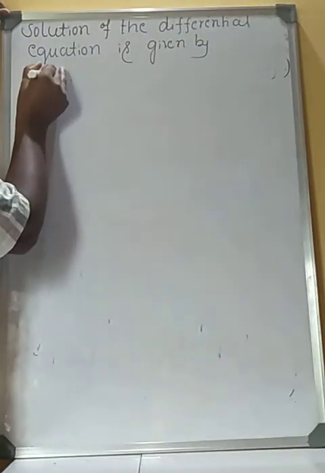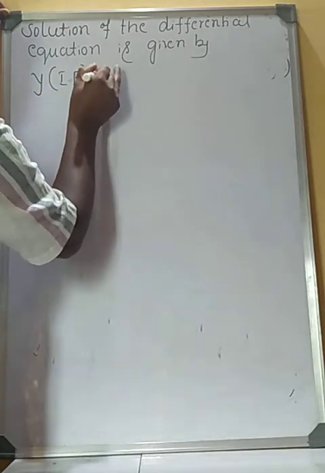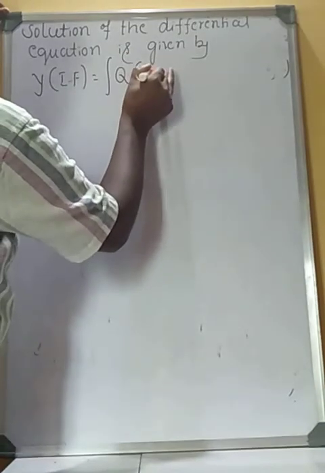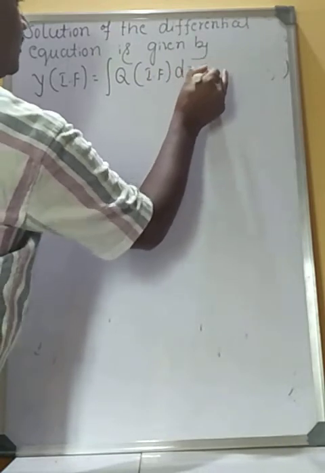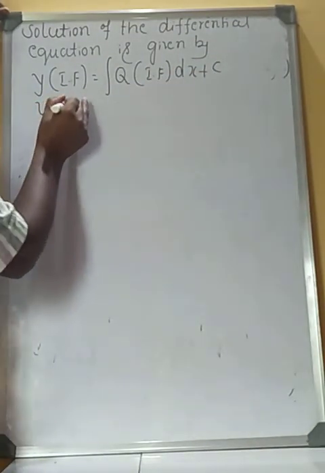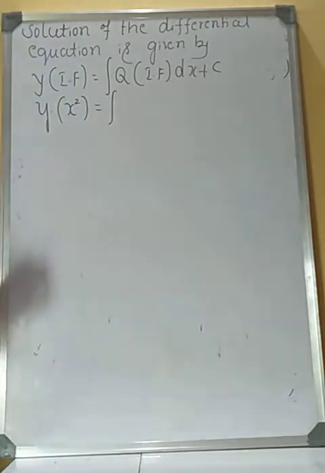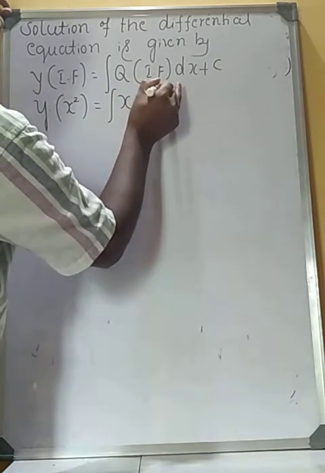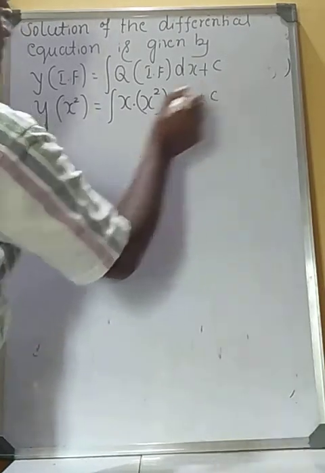It is y into integrating factor is equal to integral of q into integrating factor into dx plus c. So y into integrating factor x square is equal to integral of q, which is x, into x square into dx plus c.